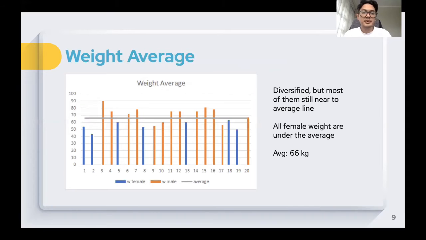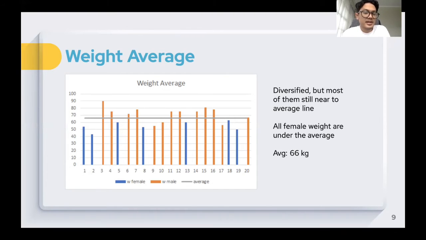And now we move on to the weight average. For this data, we decided to further diversify the data into male and female members in the bar chart. As you can see, the blue bars represent the female and the orange bars represent the male members. This data is quite diversified, since there are a lot of outliers who are far from the average line.